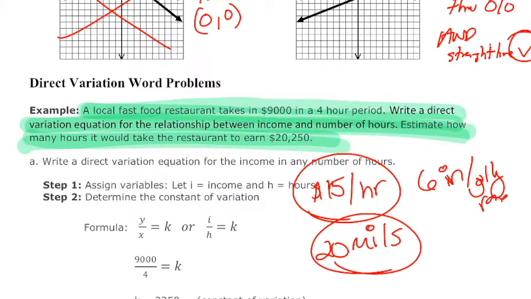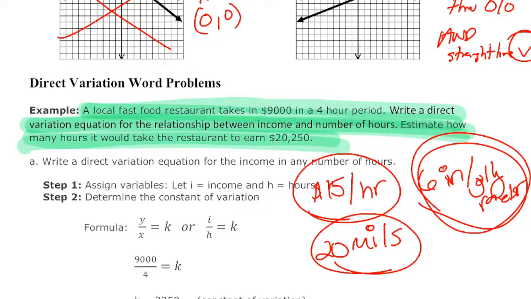It doesn't matter. When people are talking about the rate, the amount of something you do per something else, the amount of dollars you make per candy, it doesn't matter, because it doesn't always have to be time, okay?